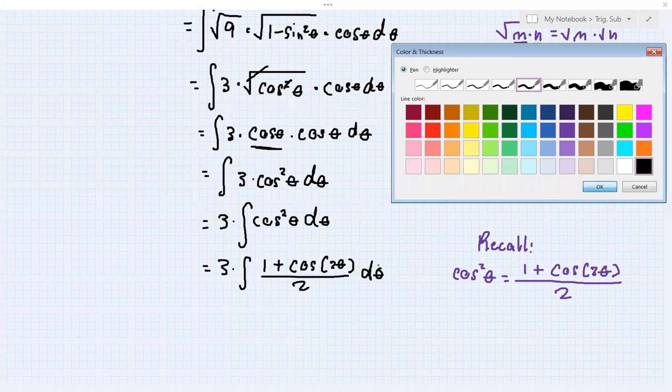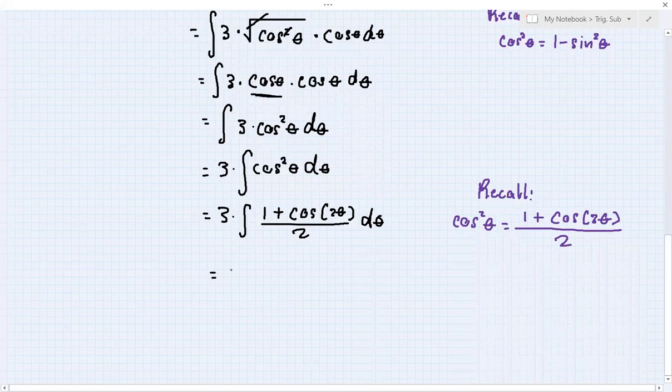So, ngayon, ang gagawin ko is ilabas ko si 1/2. Kasi itong si 1 plus cosine of 2 theta over 2, I can basically bring out 1/2 dito. So this would be 1 plus cosine of 2 theta.